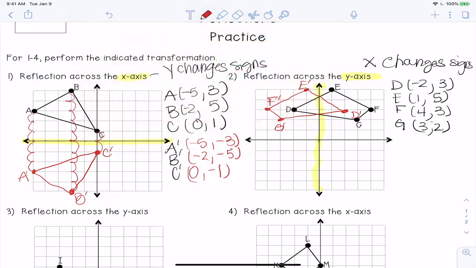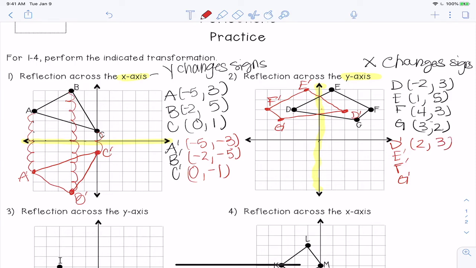Let's see. So D prime, E prime, F prime, and G prime. D prime is now +2, 3.